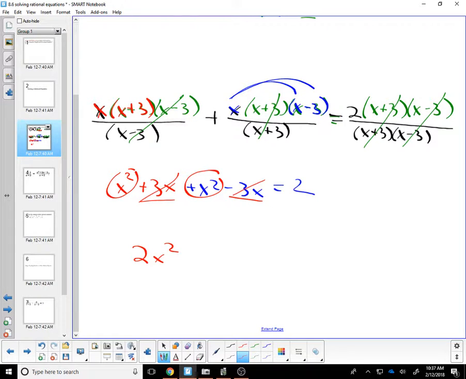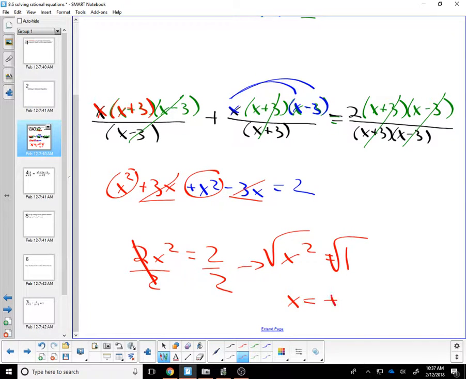That makes 0. What's that equal? 2. And I'm going to divide both sides by 2. That will give me x squared is equal to 1. How do I get rid of a square? Square root. So that means that x is equal to positive 1 and negative 1.